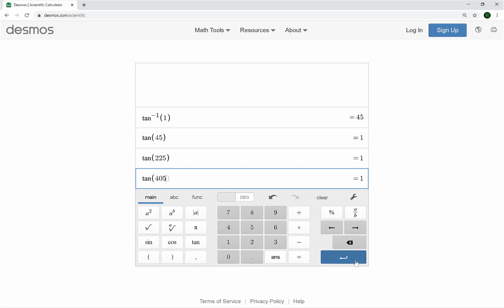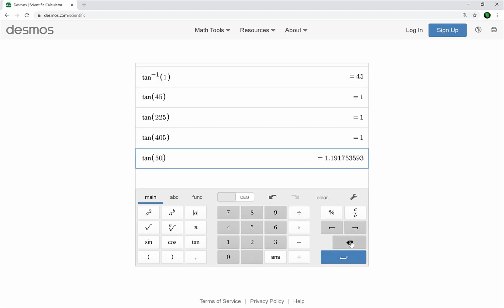Look at that. 1. Tan of, and then what was it? 505? Oh, let's clear. It was 585. 1. And then one more? Nope, that's it. And look at that, guys. All of them, ones. All of them.